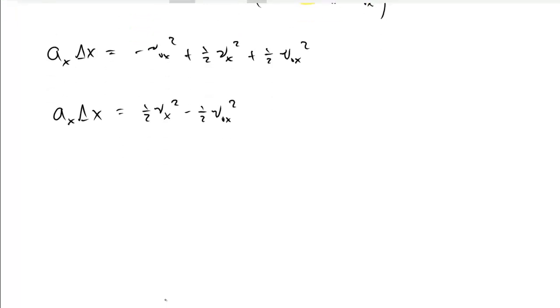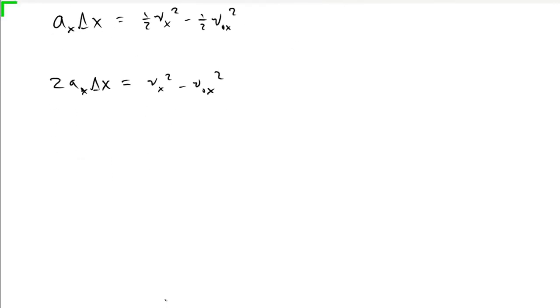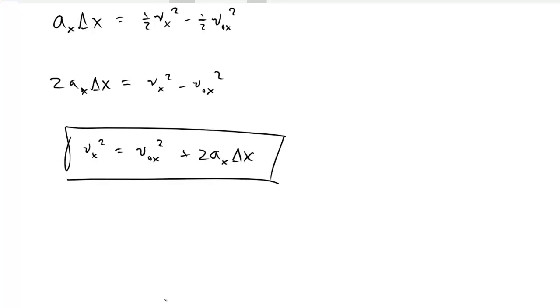Multiplying both sides by 2, we have 2 ax delta x is equal to vx squared minus v naught x squared. And so then just rearranging here, we can say that vx squared is equal to v naught x squared plus 2 ax delta x.